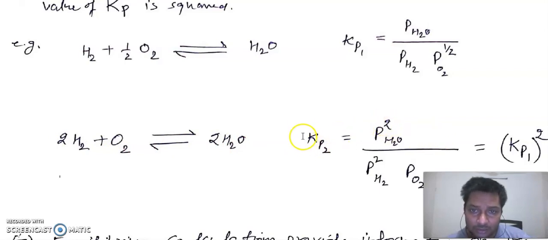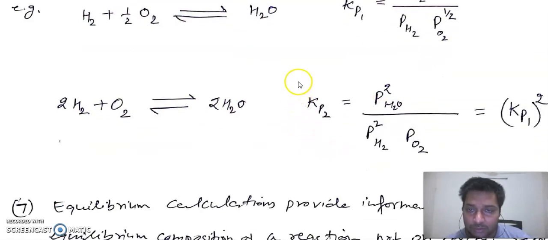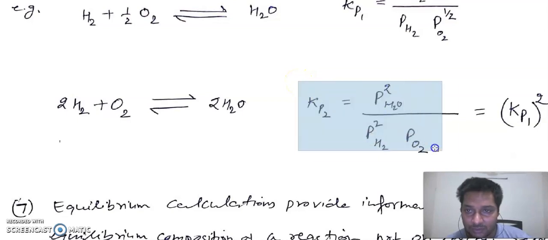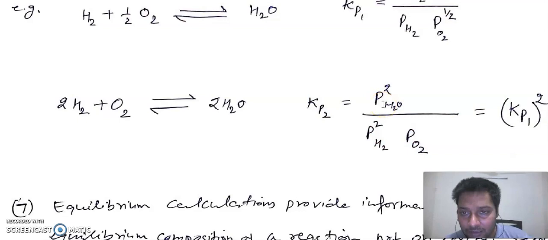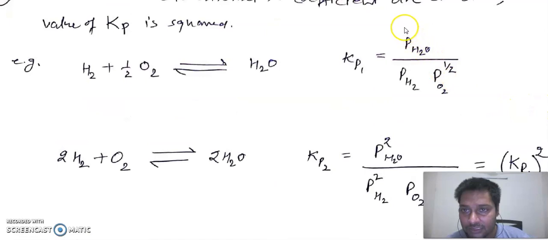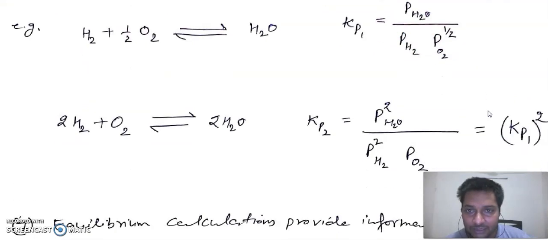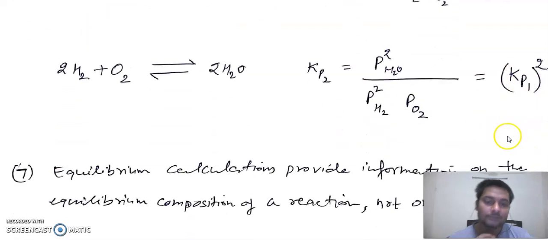If we put this in the expression of Kp, the value will be partial pressure of water squared divided by partial pressure of hydrogen squared and partial pressure of oxygen, or we can say it's the square of the original expression. So when the stoichiometric coefficients are doubled, the Kp value will be squared.